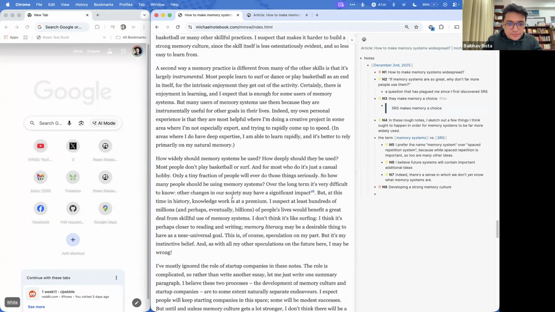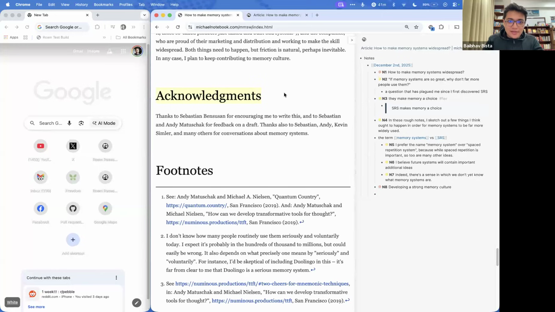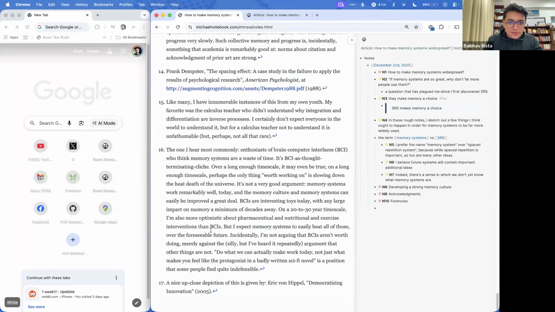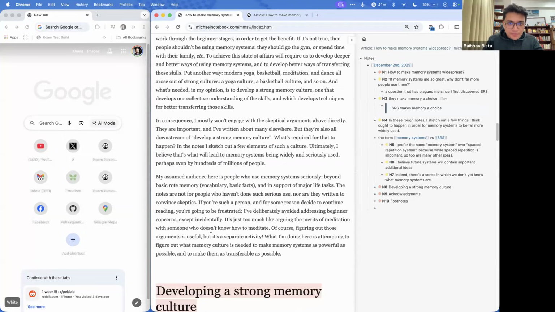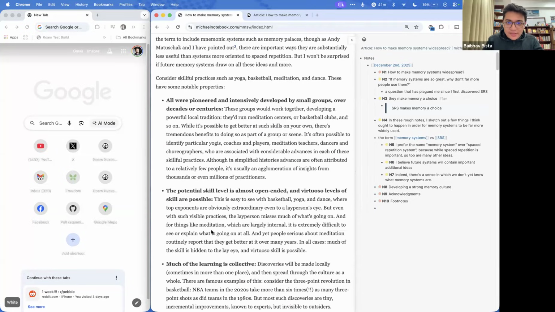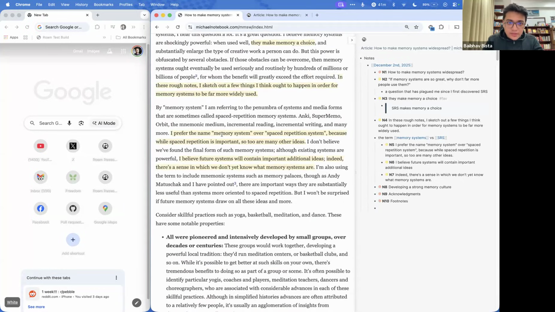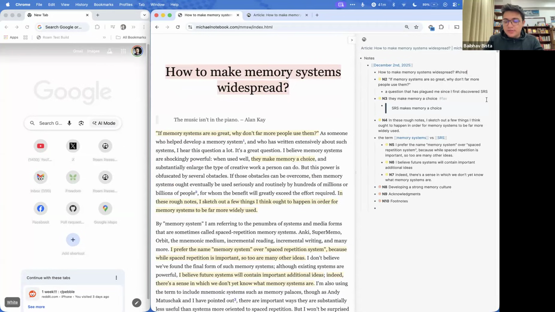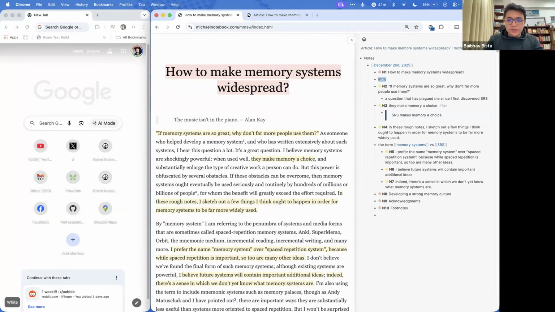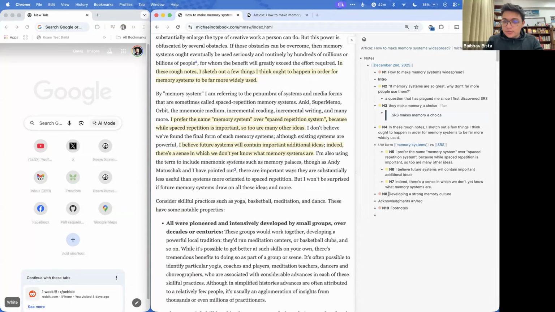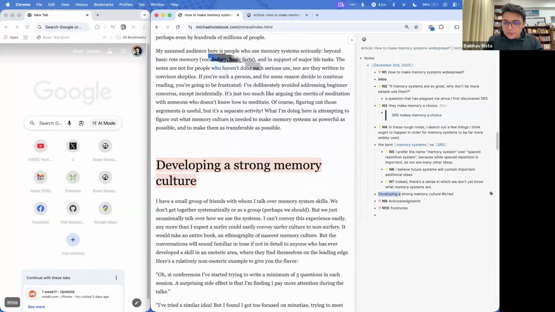For now let's say acknowledgements and footnotes are also headings. If there were comments, I would have made one of those a heading as well. Let's retroactively add a heading here. One heading that we have is intro, right? I could make that my own heading. I could also make all of these bold so they're more visually clear.